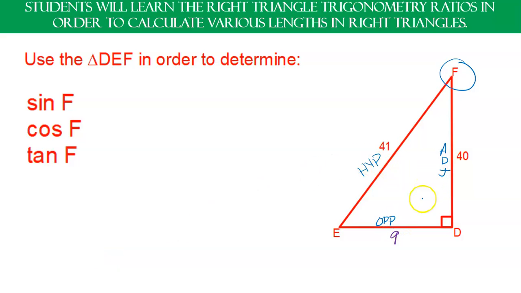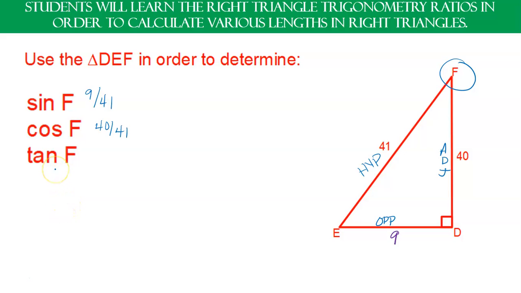So our adjacent and our opposite switch when our angles switch. So our sine is opposite over hypotenuse this time, so it's going to be 9 over 41. And our cosine is going to be 40 over 41. So those just swapped. The sine of E was 40 over 41. The cosine of F is 40 over 41.